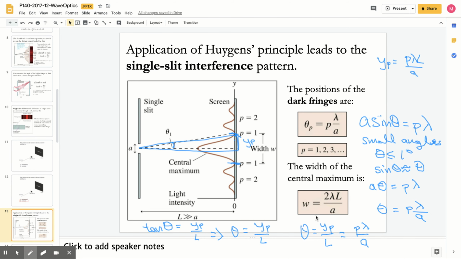You see I'm getting there. If I want the first one, I have Y1 is equal to lambda L over a. And W is just equal to 2Y, so I get 2 lambda L over a. So that's where this equation comes from.